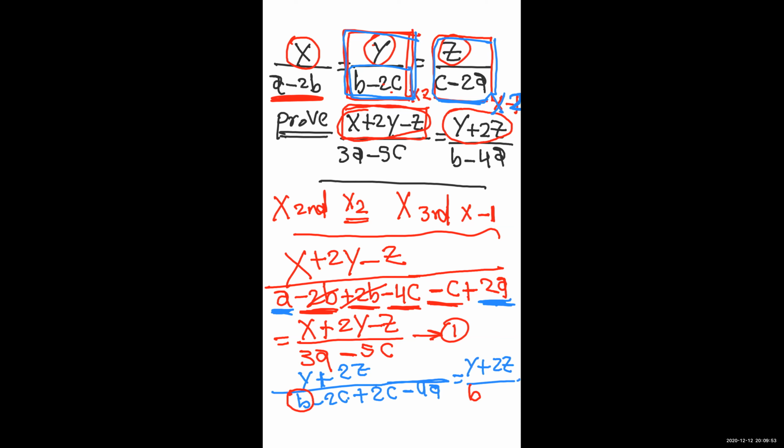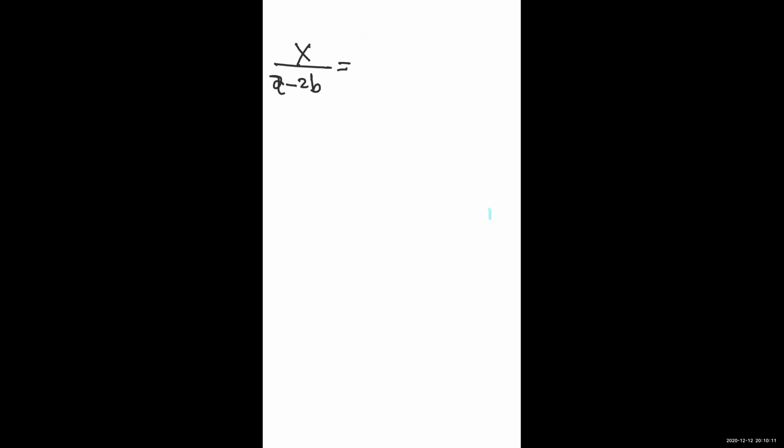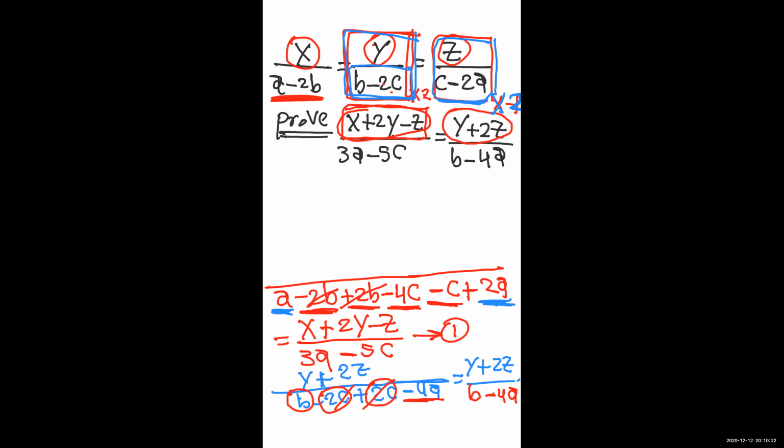Then negative 2c, positive 2c means 0. Then the last term, negative 4a. Now clear, so this is relation 2. Now clear part of the board so that we can continue.